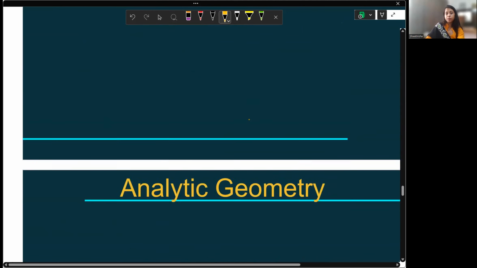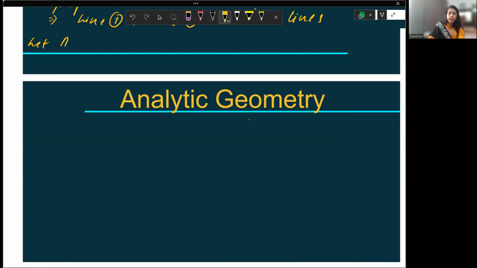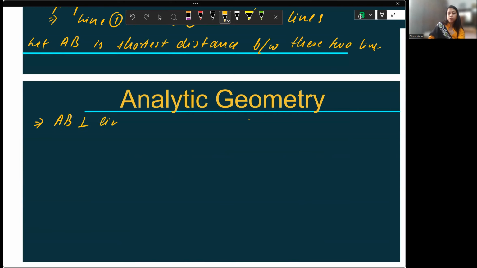So now I can write, let AB be the shortest distance between these two lines, which implies AB is perpendicular to line 1.